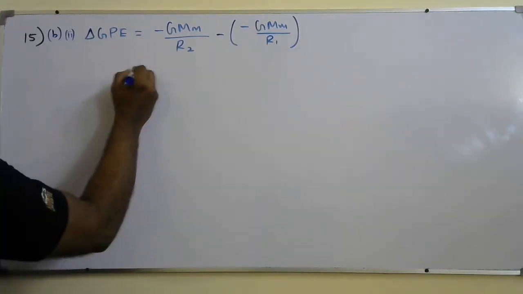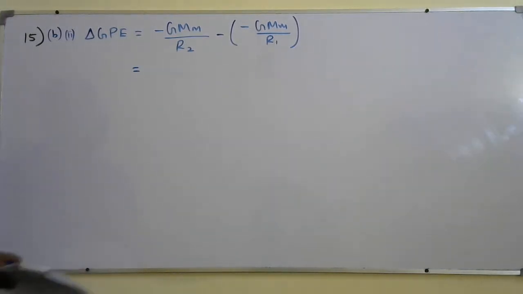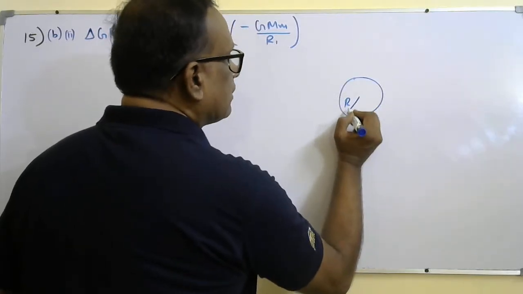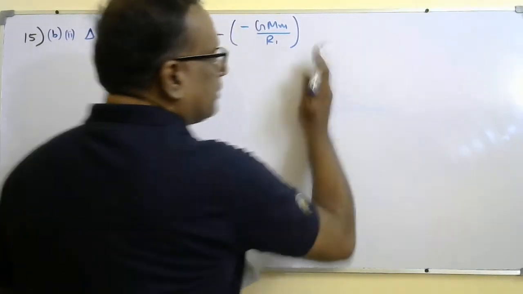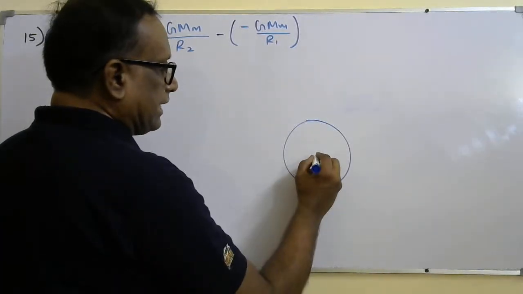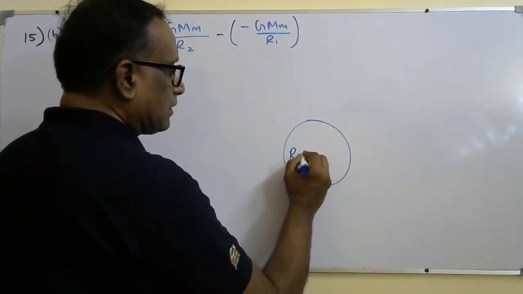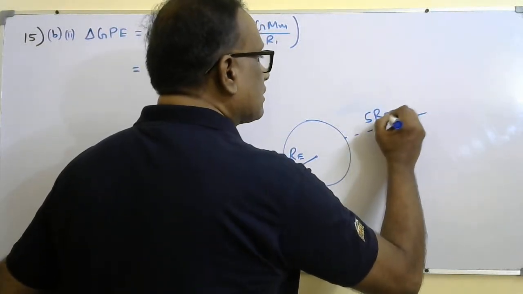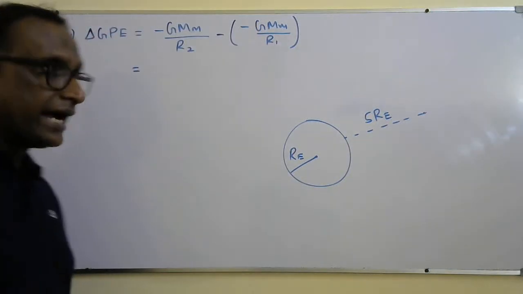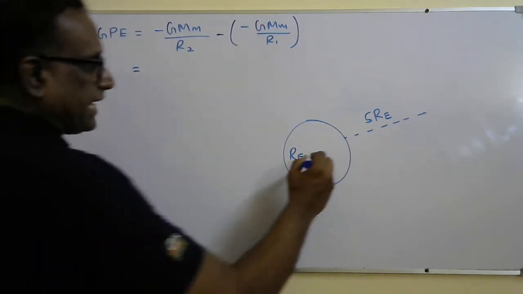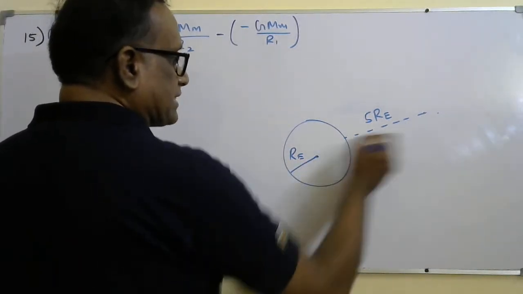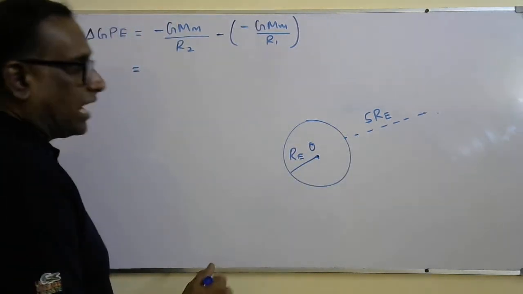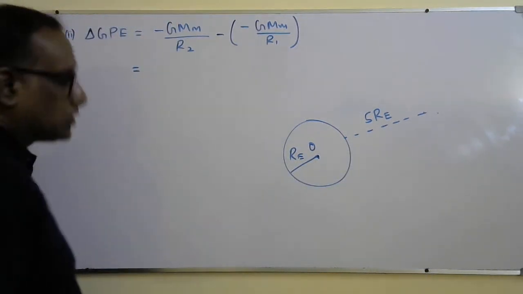The radius of the Earth is RE. The satellite is orbiting at a height of 5 RE. So from the center O, the distance is 5 RE plus RE, 6 RE. So 6 RE is R2.